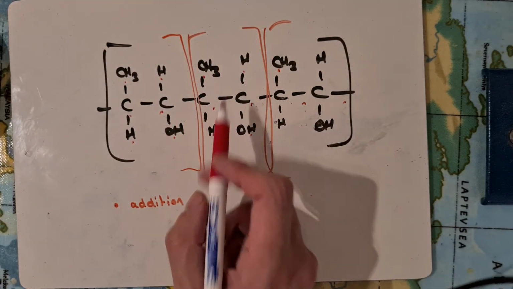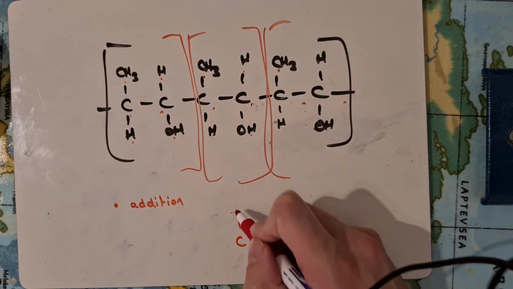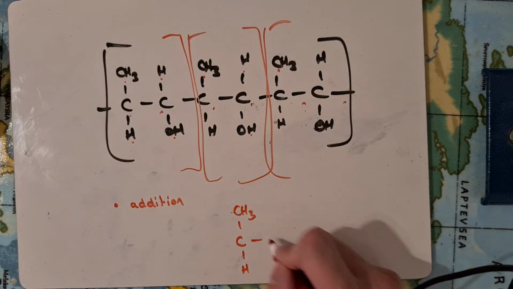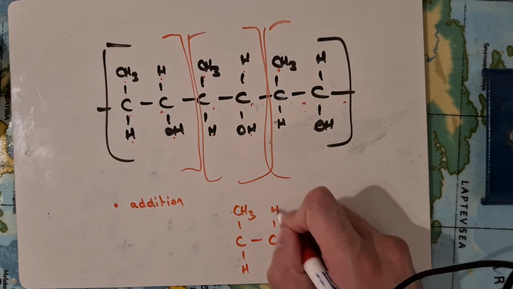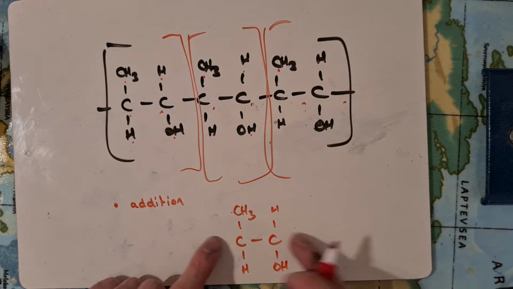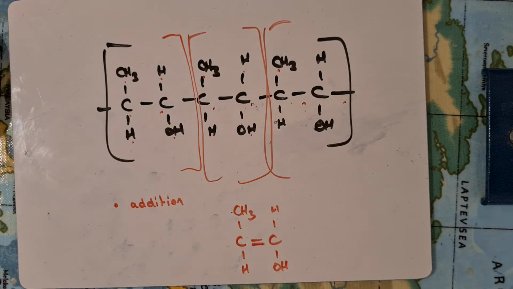Next then is identifying the repeat unit. So we've got our C with a CH3 here, then down to a H, and C, then H, and down to an OH. These 2 bonds that come off the side, they have come from the broken pi bond in the centre on the double bond. So that will be our repeat unit.